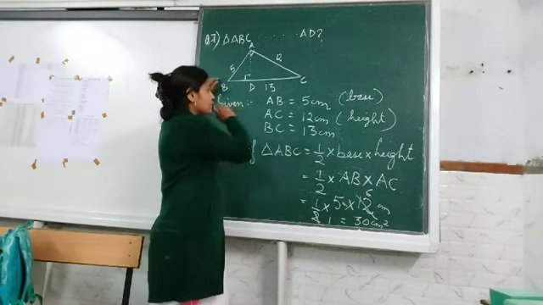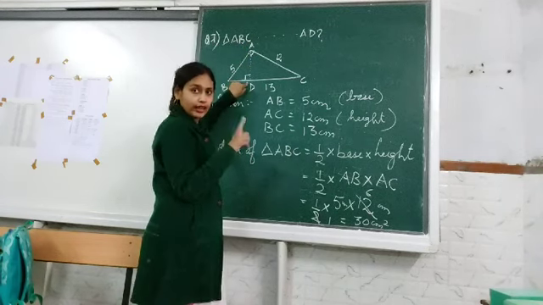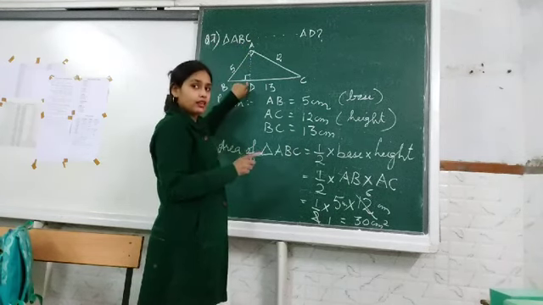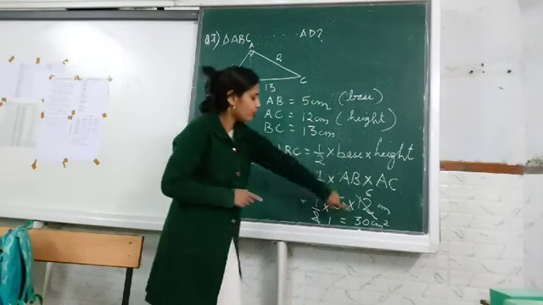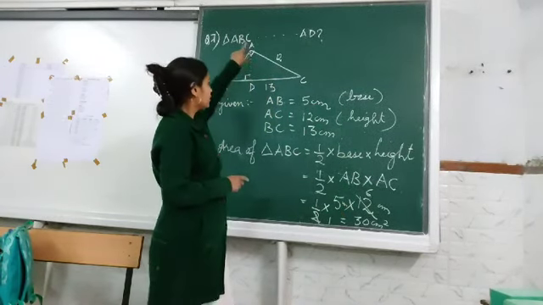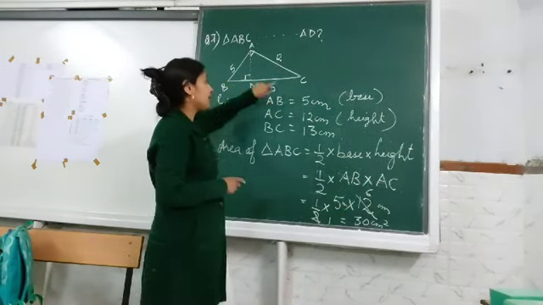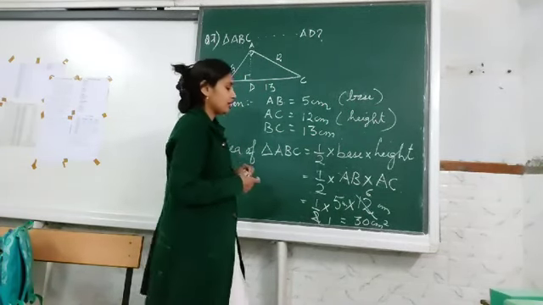Now come back to the question. Question is asking, find the length of AD. Now AD is what? AD is also the height, correct? And BC can be taken as base. So from the formula of area we find out the value of AD, putting BC as base and AD as height. Okay, so let's do this.